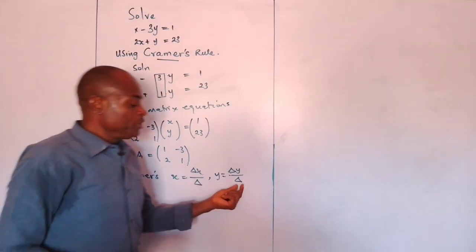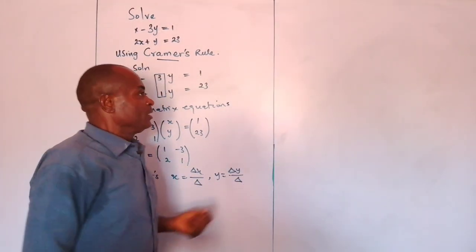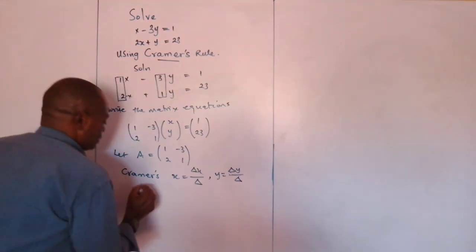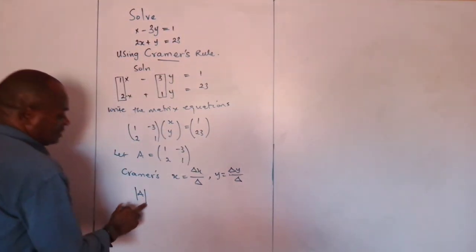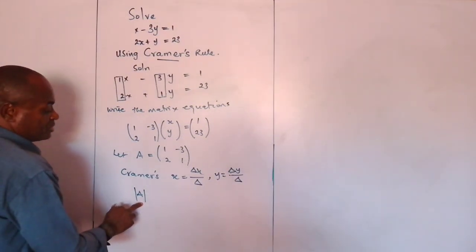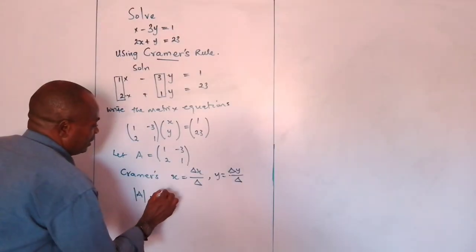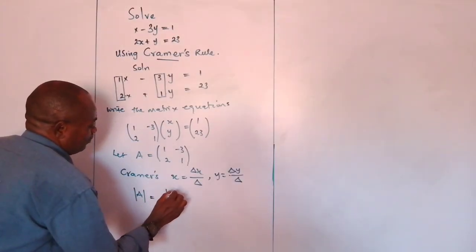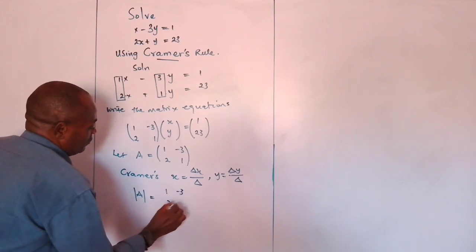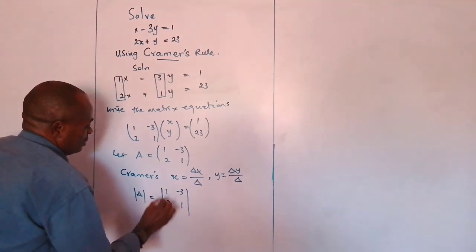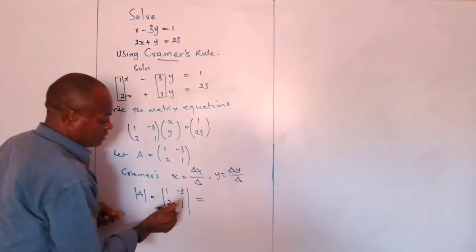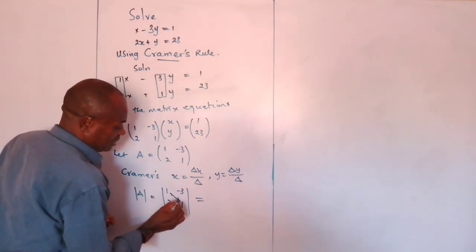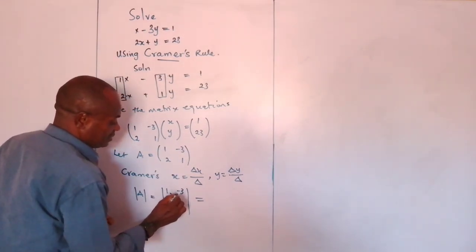Now, how do we get this? For a 2 by 2 matrix, this is how to write the determinant of a matrix. The determinant of A is the value of A, which is like this. If you have a 2 by 2 matrix, you multiply the diagonals and find the difference.